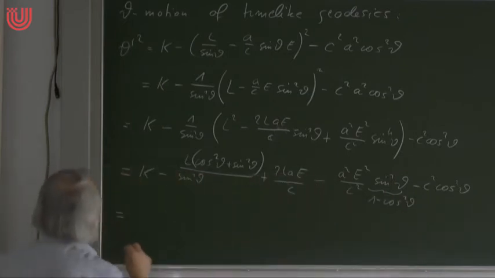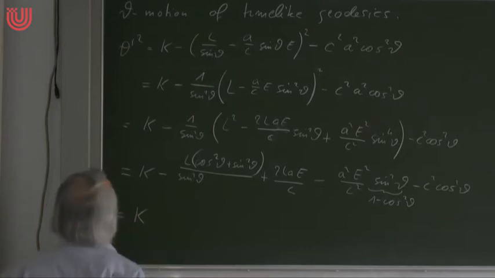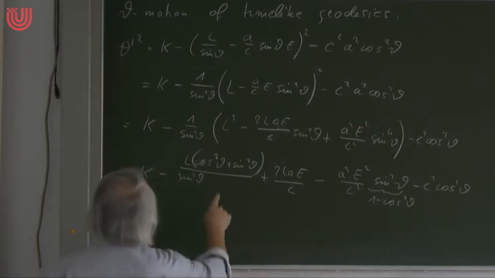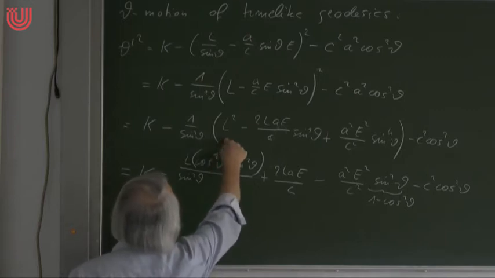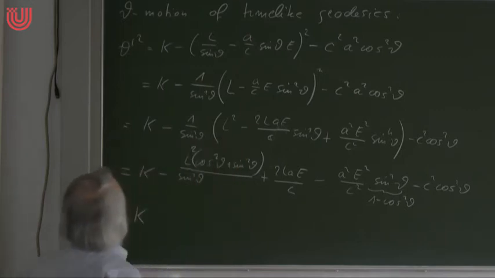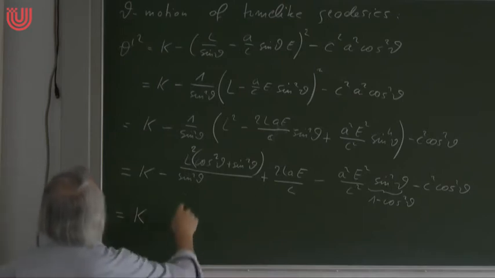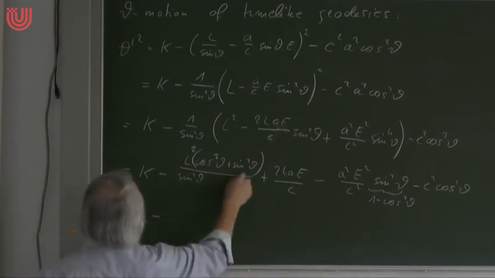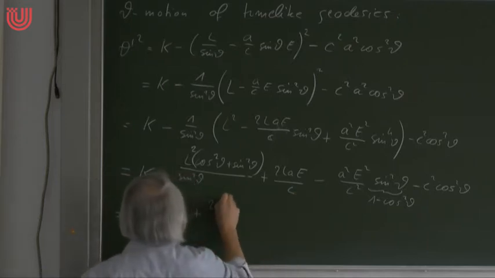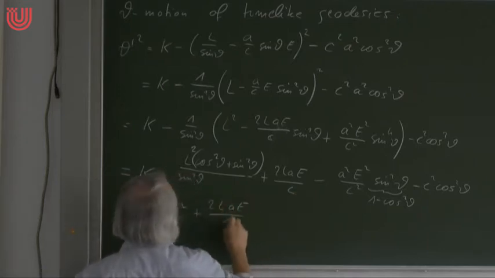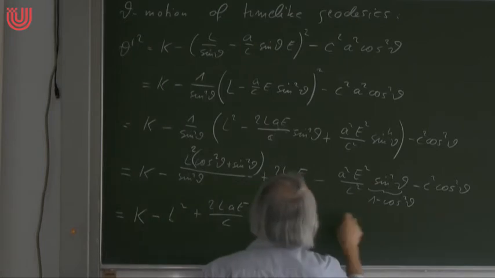So let me collect all terms which have no theta dependence. It is this here, minus L squared, wasn't it L squared? L squared was L squared, right? Yes. So I have minus L squared, that's this here. This has no theta. This with the 1 has no theta.